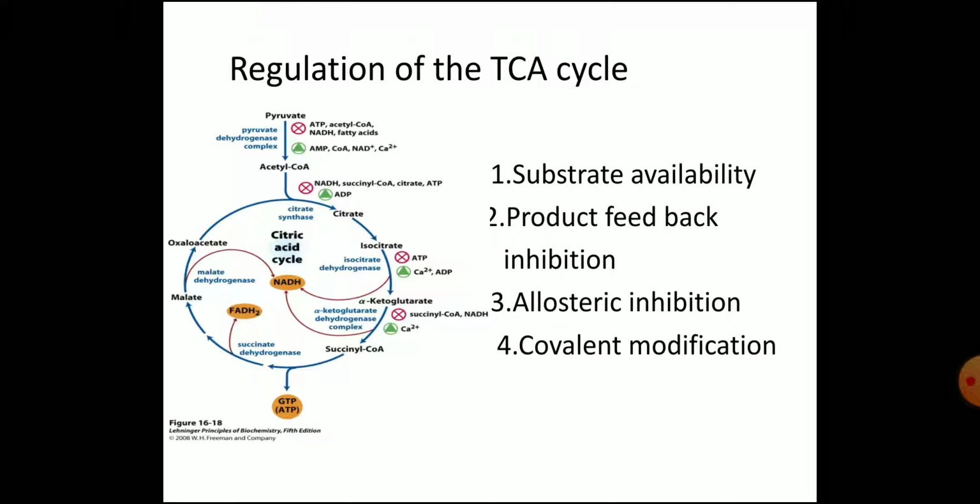And there are allosteric activators or inhibitors for the regulatory enzymes. Covalent modification means either phosphorylation or dephosphorylation, which will stimulate or inhibit the enzyme activity. So the major three enzymes are citrate synthase, then isocitrate dehydrogenase, and the alpha ketoglutarate dehydrogenase steps.